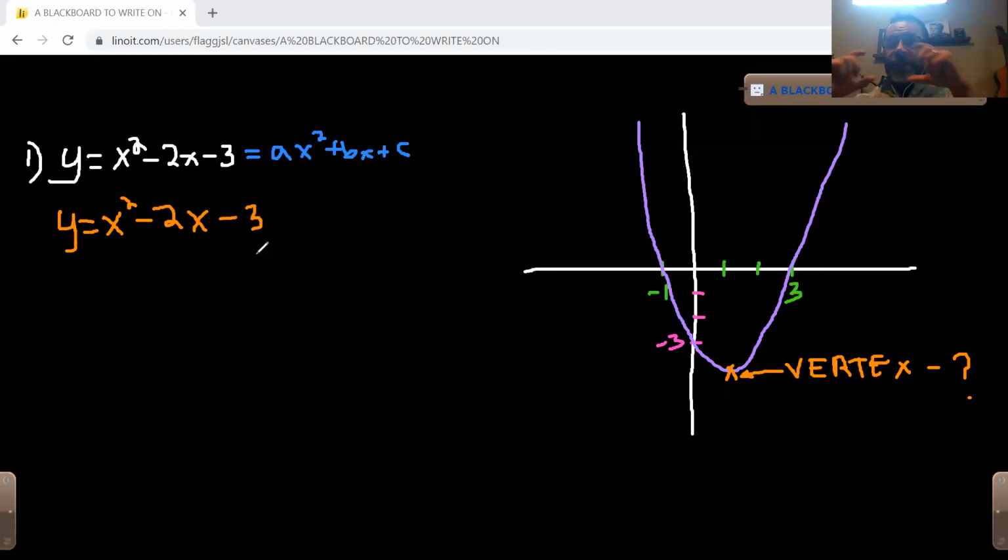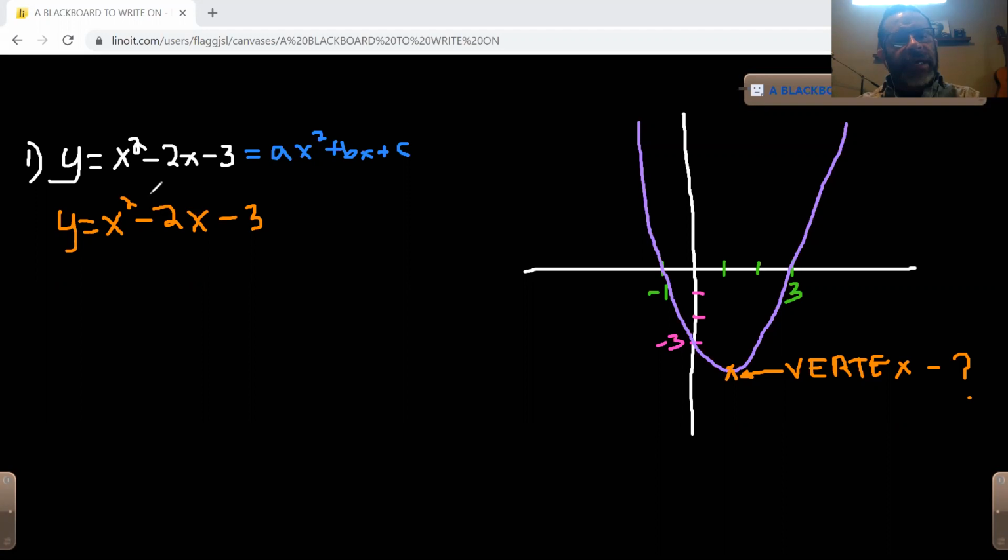What we need to do to find the vertex is a procedure where we complete the trinomial to be able to find the coordinate h comma k, which is the one that we're doing here. So to do that, we're going to do the following. Just follow this procedure always, and you're not going to go wrong. This procedure again isn't new. It's called completing the trinomial.